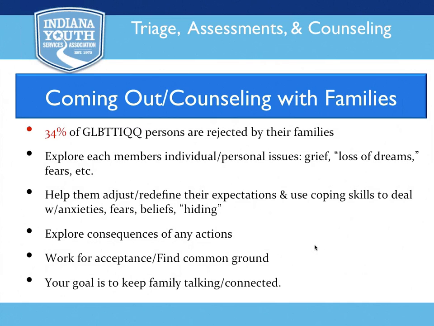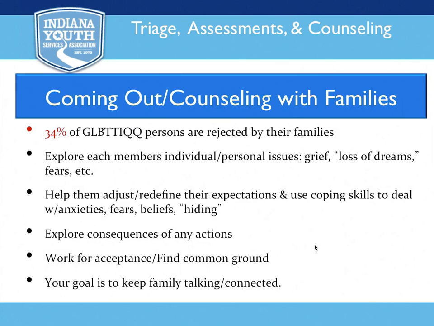But looking at those types of things, looking at consequences of actions, and then finding that common ground with the young person and the family, so that the healing can begin, the sense of acceptance can really start to grow around the young person.